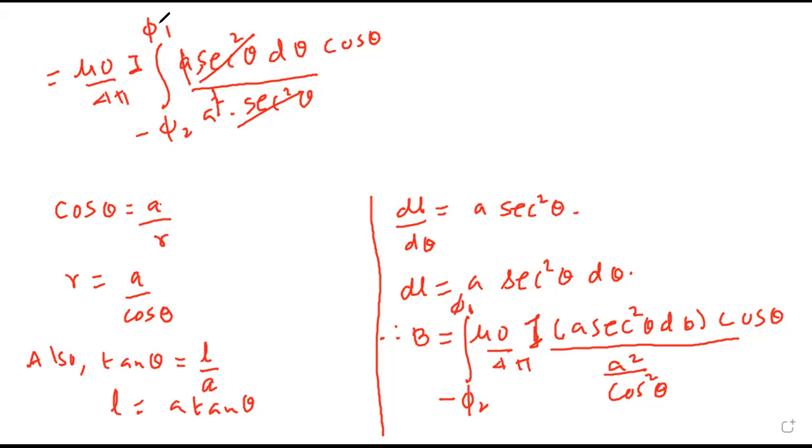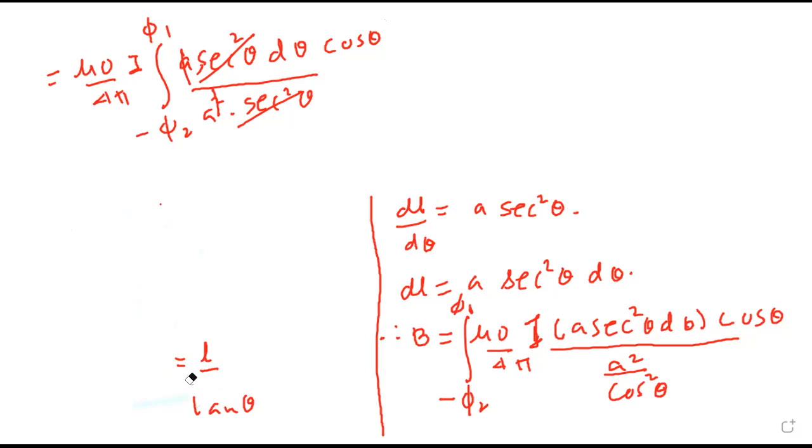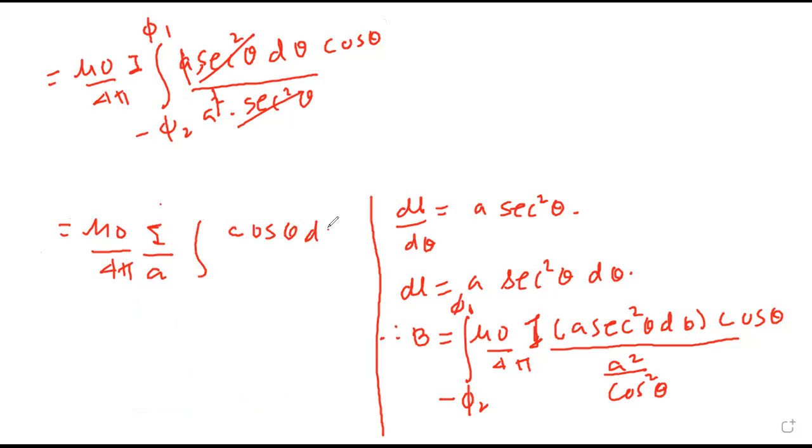One upon cos square is sec square, so sec square theta cancels with A and with A square. So this will become mu naught upon 4 pi I upon A, integral of cos theta d theta from minus phi 2 to plus phi 1.